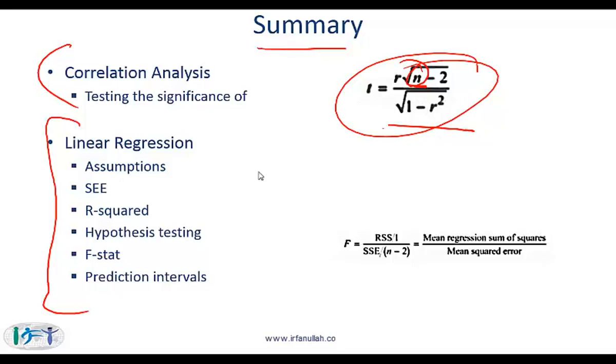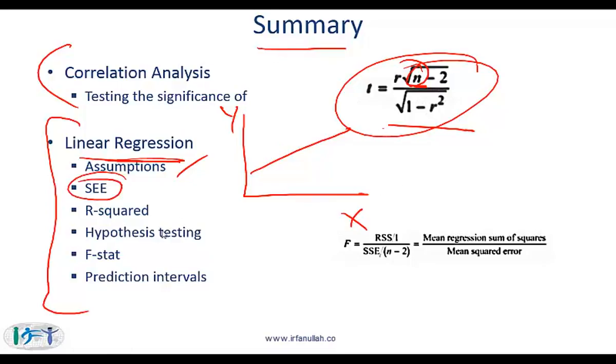You are more likely to see something on linear regression. So here, remember the assumptions. Understand the basic idea behind linear regression, that you are creating this line: dependent variable, independent variable, y equals b0 plus b1 times x plus an error term. We talked about SEE.